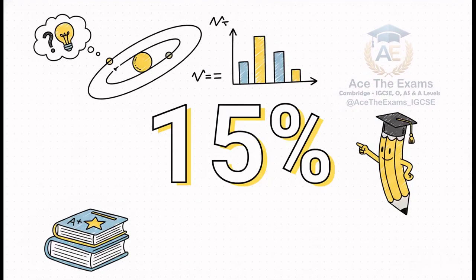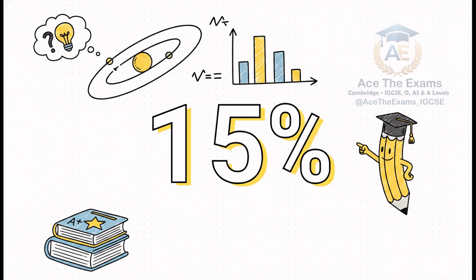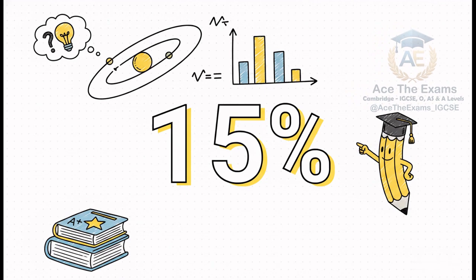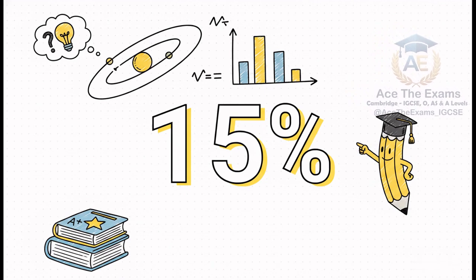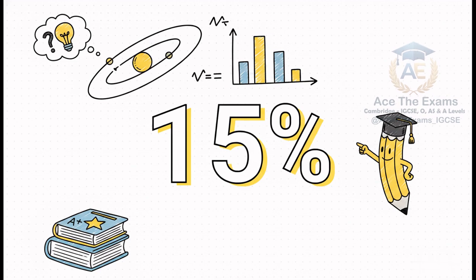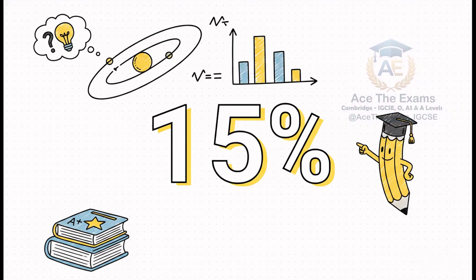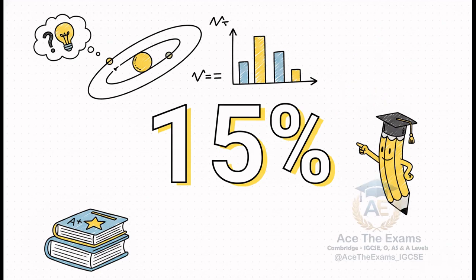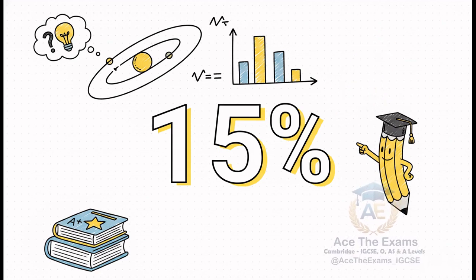You might be wondering why we are focusing so heavily on this one specific topic. Well, elliptical orbits, interpreting planetary data tables, and understanding the conservation of energy within these orbital systems, when combined, account for approximately 15% of the total marks in your physics examination. Think about that for a second. That 15% is a massive, game-changing chunk of your final grade that's just waiting to be claimed.